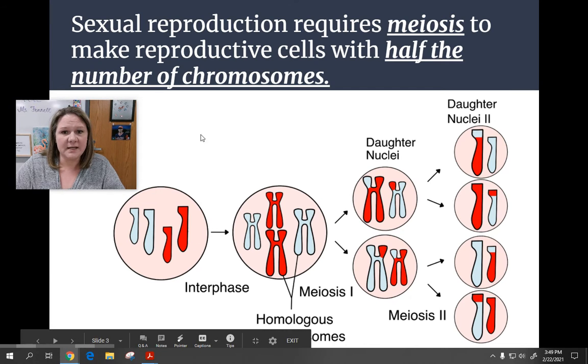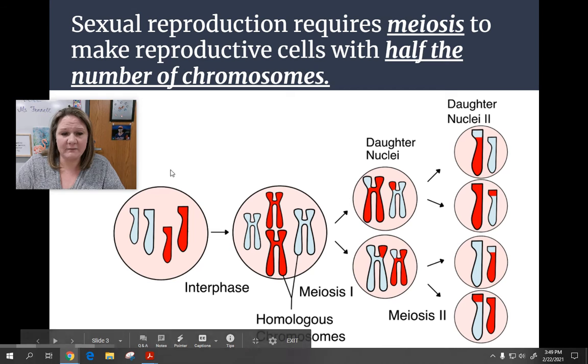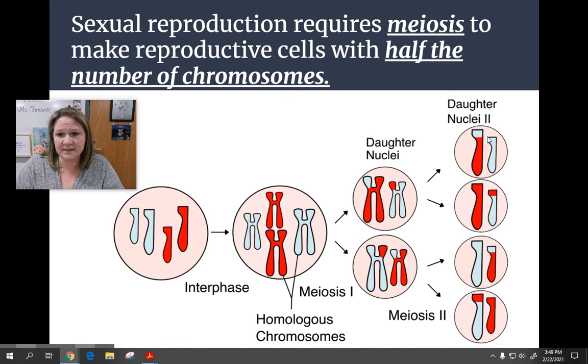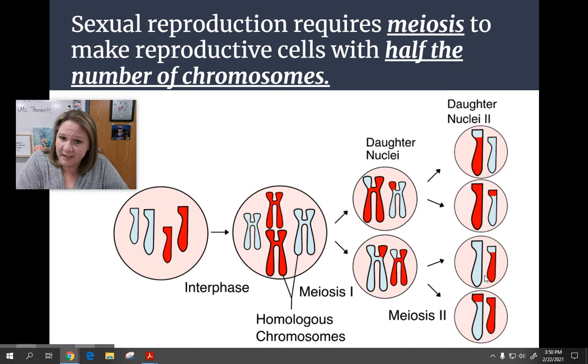We start with regular cells that have a regular amount of chromosomes, and then basically they go through what we call cell division twice, and instead of having 4 chromosomes like this cell does, all of our gametes will end up with 2. Remember when we did our karyotyping, human cells have 46 chromosomes normally. Therefore, our reproductive cells, the egg cells in females, the sperm cells in males, will only have 23 chromosomes.